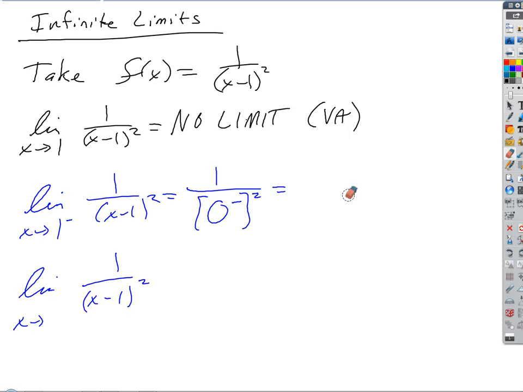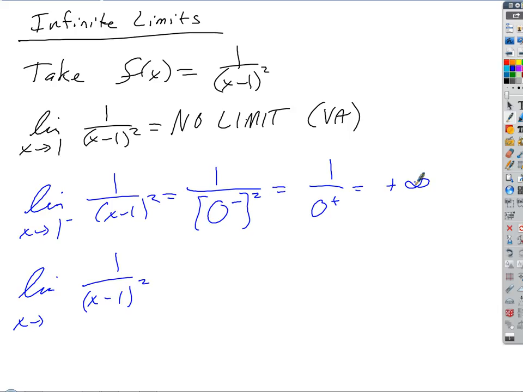It does impact the sign, though, because what I've really got here is 1 over 0 minus squared. So you tell me, what is 0 minus squared? 0 plus. It's a vanishingly small number. Squared is still vanishingly small, but a negative times a negative is positive. So this works out to be 1 over 0 plus, which is positive infinity.